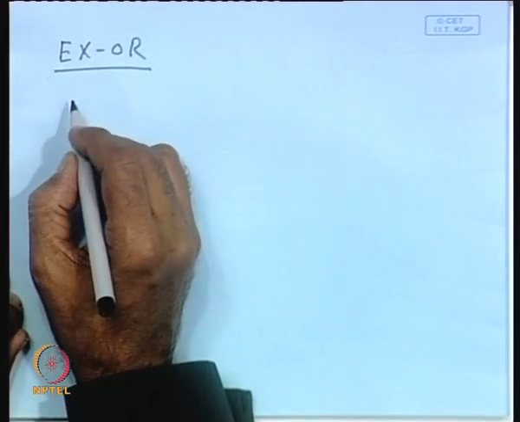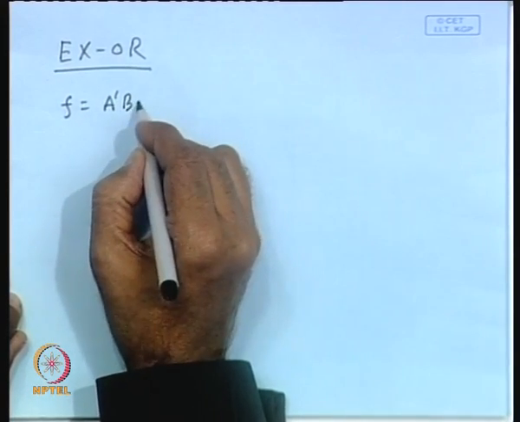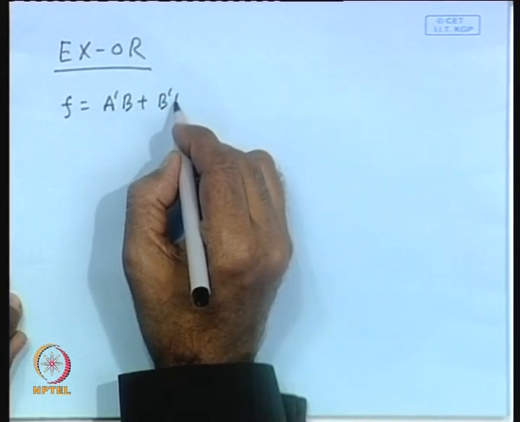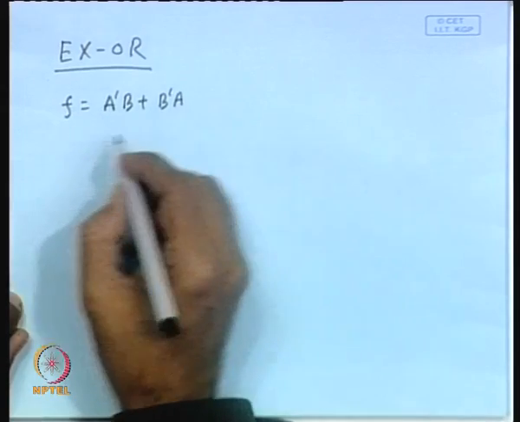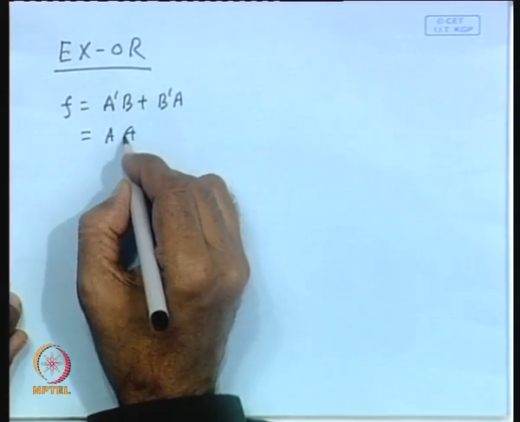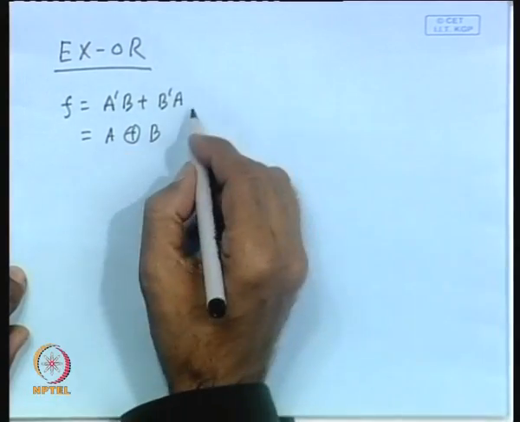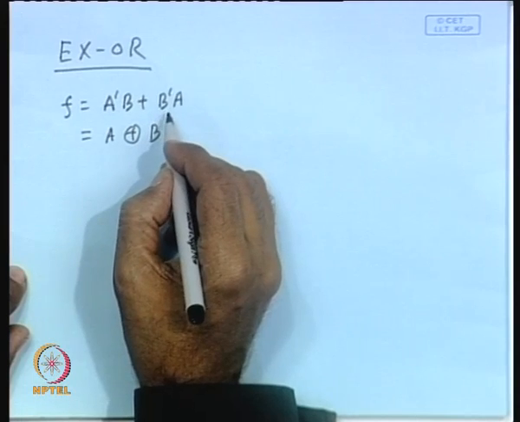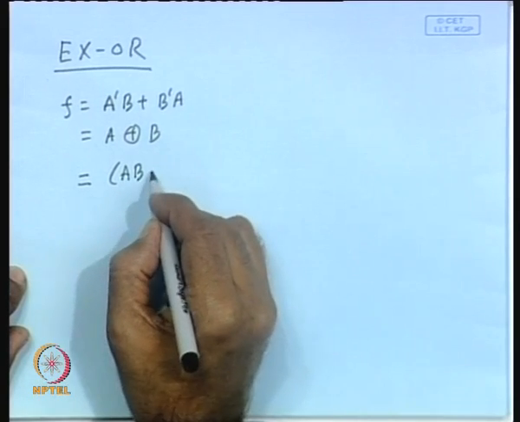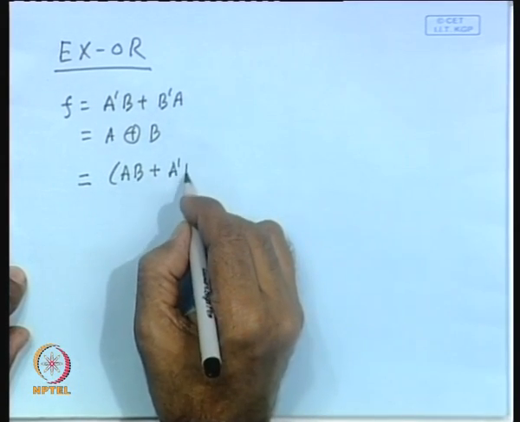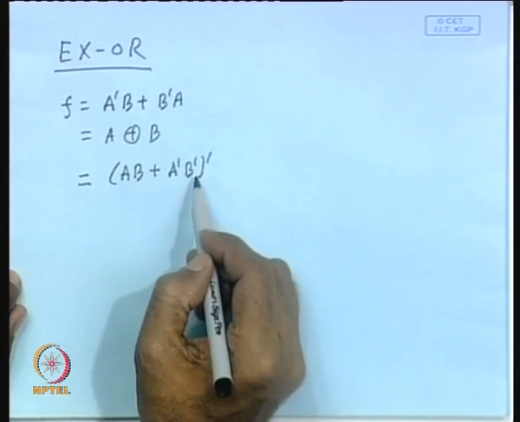Now, XOR function, as you know, F is equal to A bar B plus B bar A, or it is also represented as A exclusive OR B. Now, you can realize it in this manner. By using Boolean algebra, you can express it in this form, say AB plus A dash B dash, complemented.